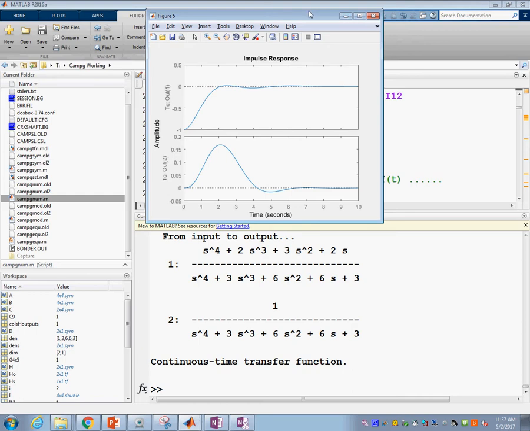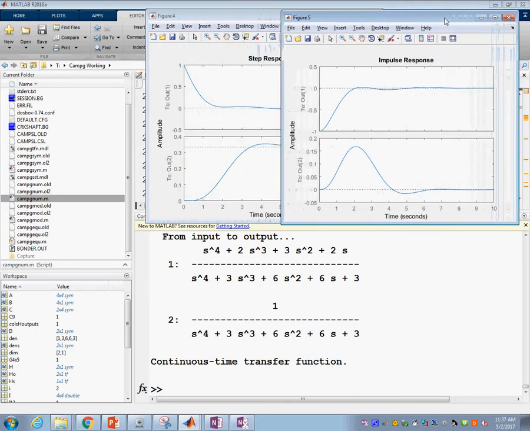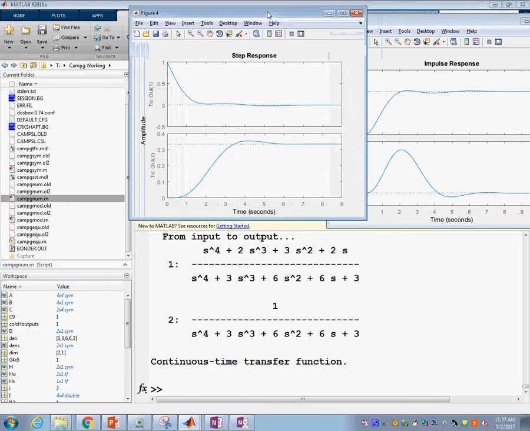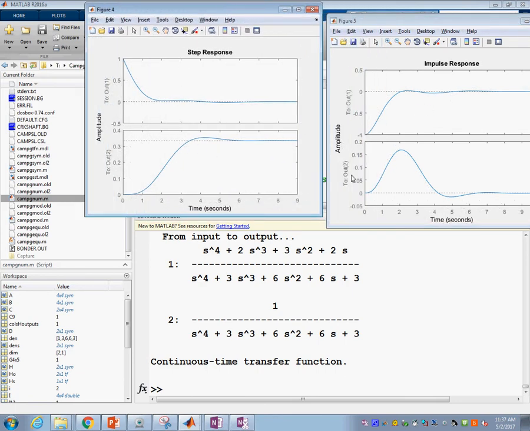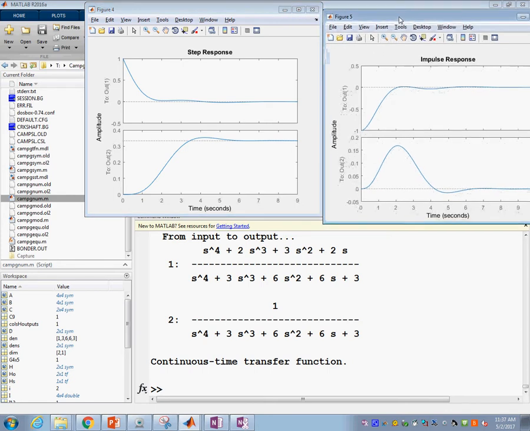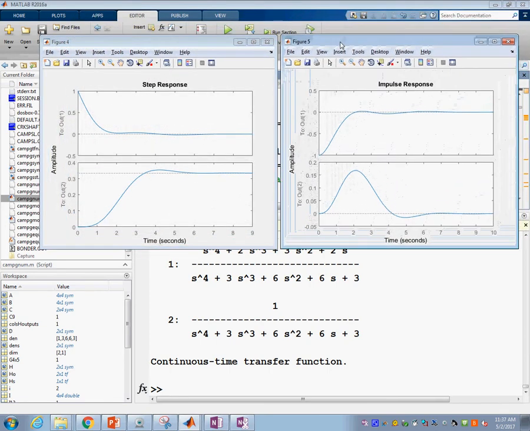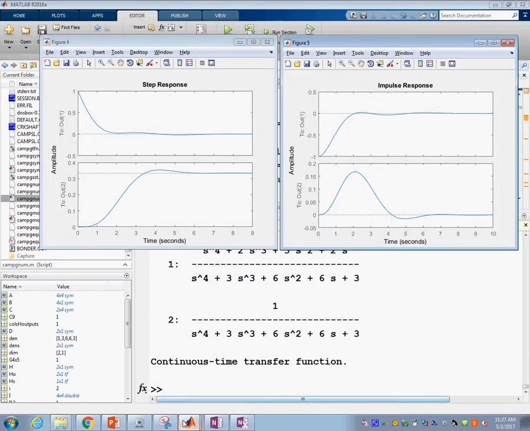What the software did at this point was take those transfer functions and give us the step and impulse response for both of those transfer functions. But also, this is a very efficient system because it also gave us the Bode plots and the root locus plots.